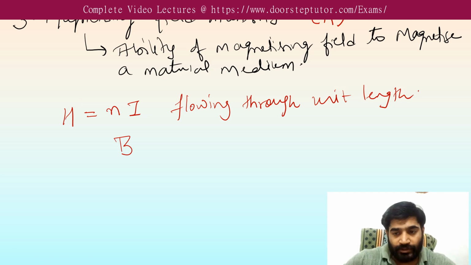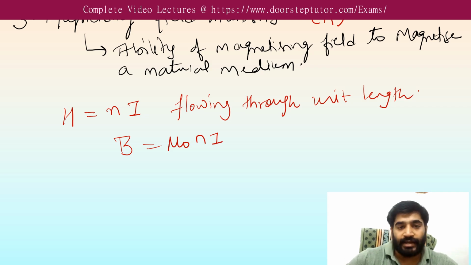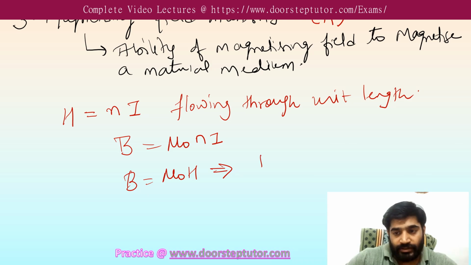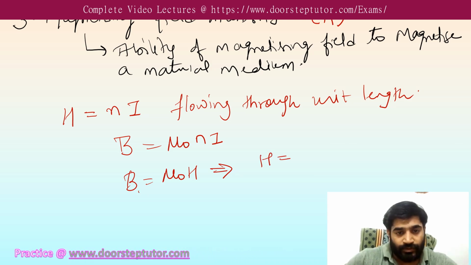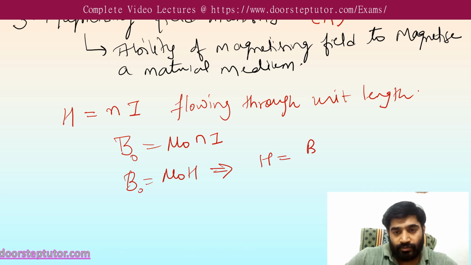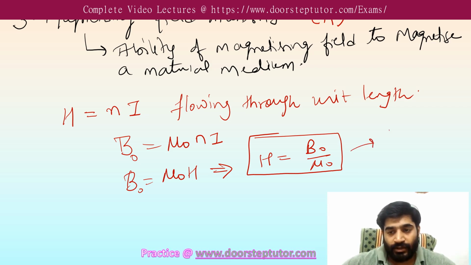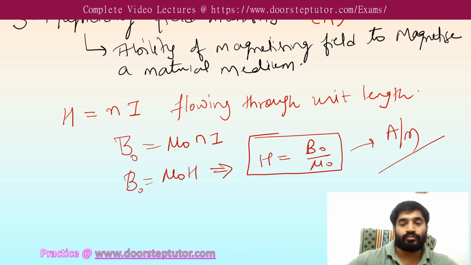You know what B is: B is equal to mu naught NI, but NI is H, so B is equal to mu naught H. From here, H is equal to B naught over mu naught. This is your magnetizing field intensity, and you can easily find the dimension also; the unit is ampere per meter. Clear?